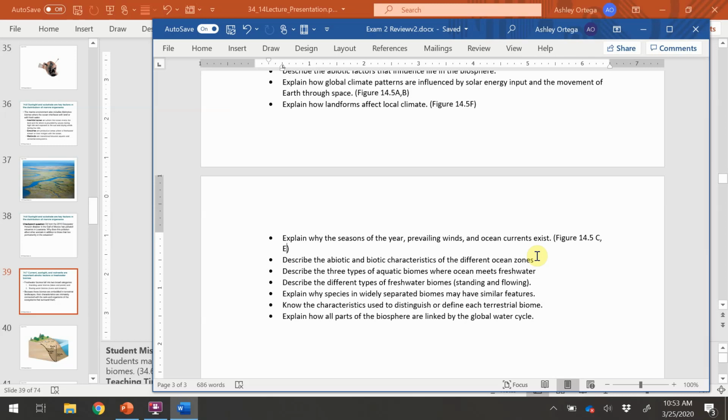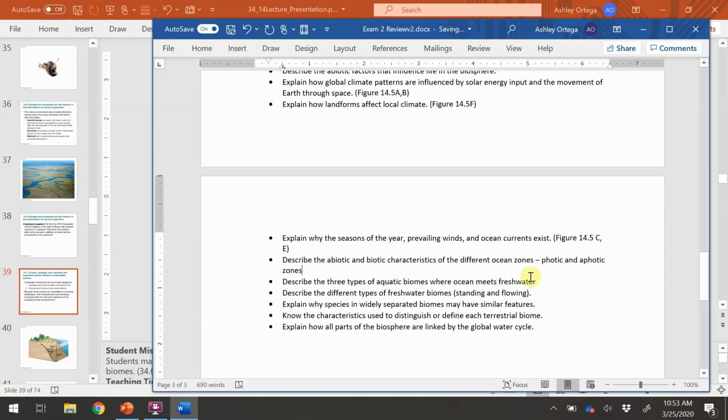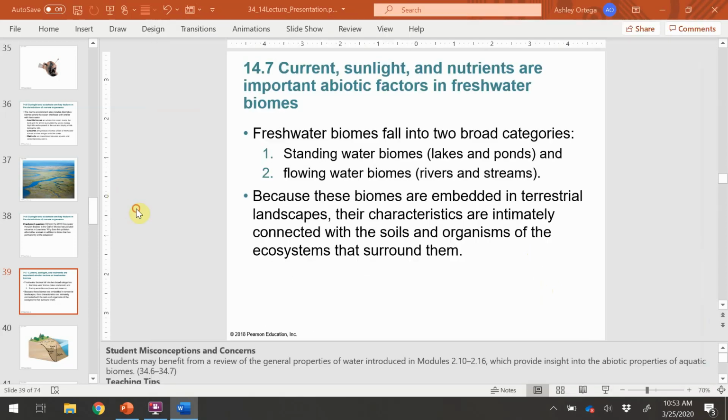So for the ocean zones, that will be just a photic versus aphotic region. Alright, and so looking at three types, we just did that, and then we're right here, right along this area.